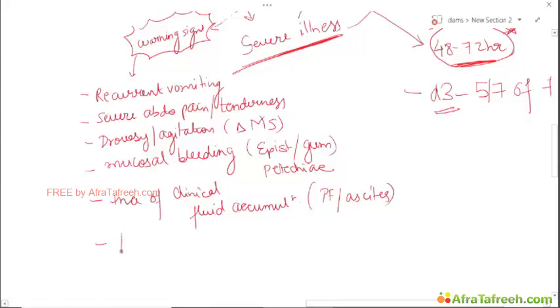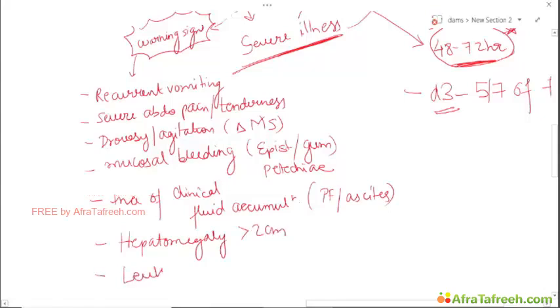Next warning sign is presence of hepatomegaly more than 2 cm and thrombocytopenia and rising hematocrit. There is a combination of these two.